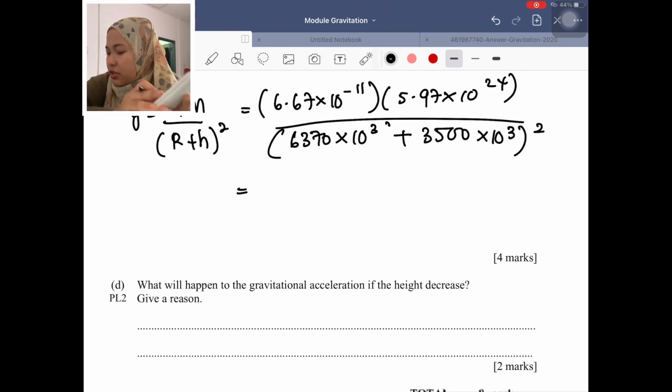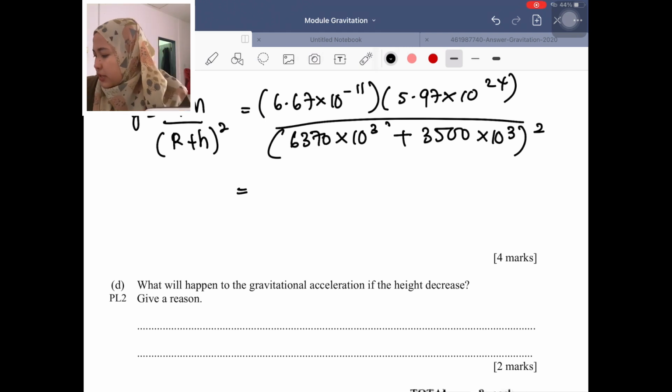So for this one I want to show you: 6.67 exponential negative 11, 5.97 exponential 24, divided by 6370 exponential 3 plus 3500 exponential 3 squared.